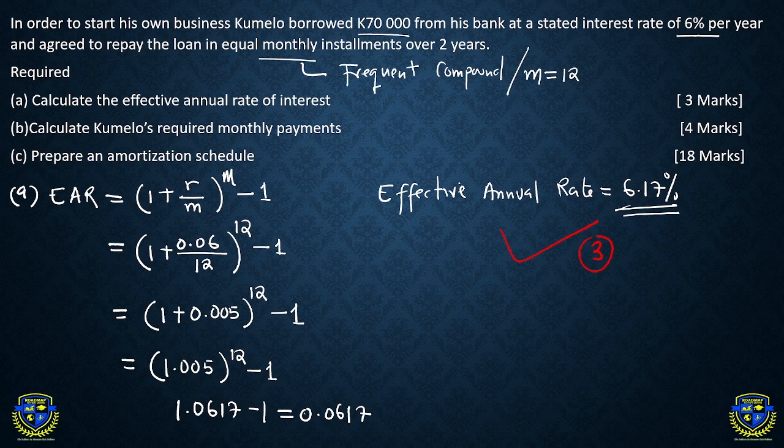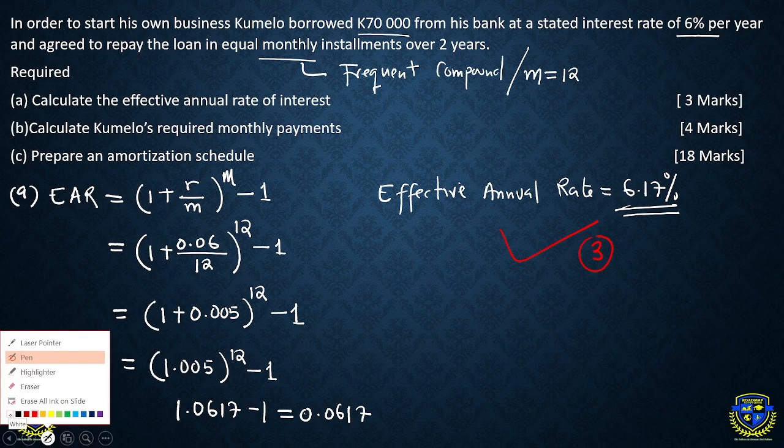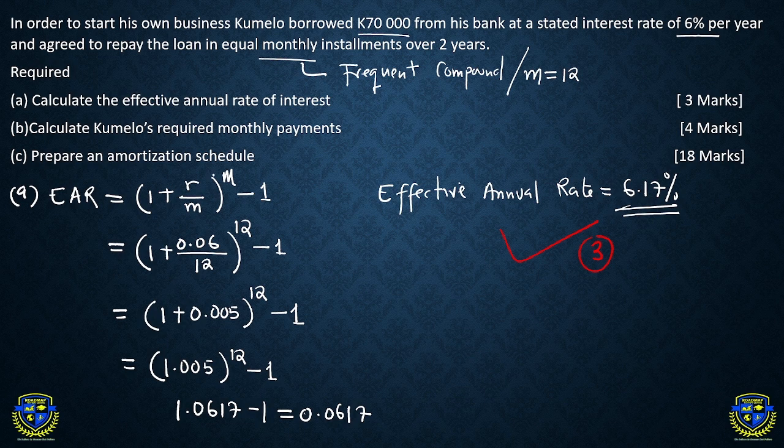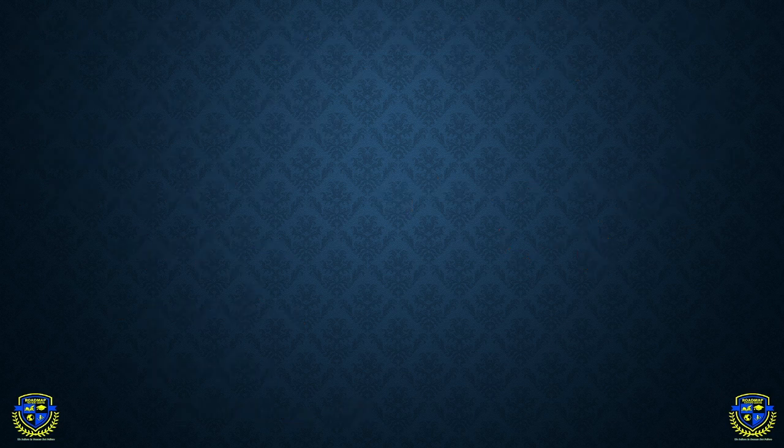So this is frequent compounding, or what we call intra-year compounding, meaning the rate there will be divided by M, and also the N will be multiplied by M. So our formula is going to be modified a bit.